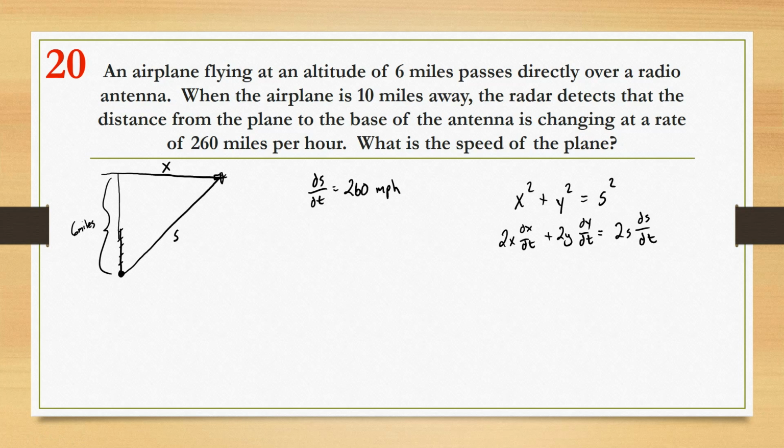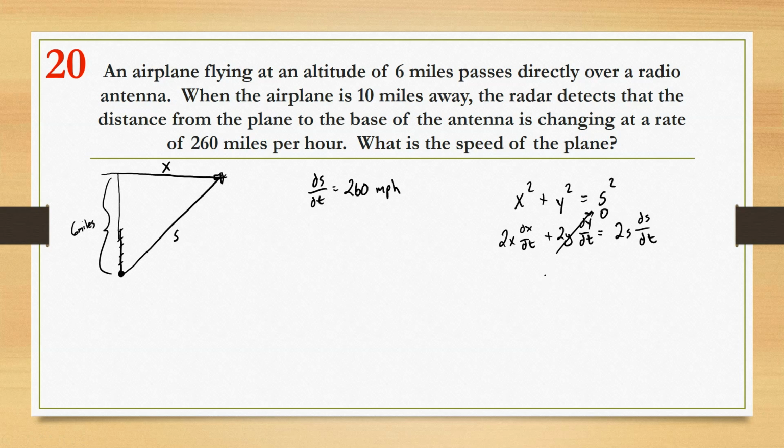Okay? So when we do this, what do we know? We know that this y value is not changing, right? There's no increase or decrease in our velocity up or down. That means that dy/dt is just 0, so that can go away.